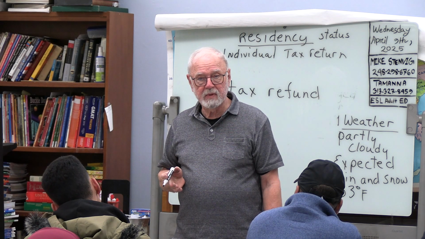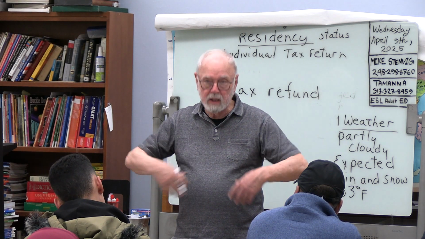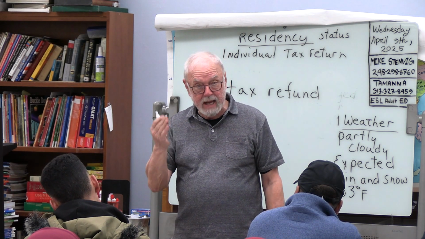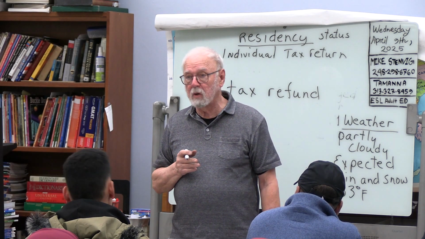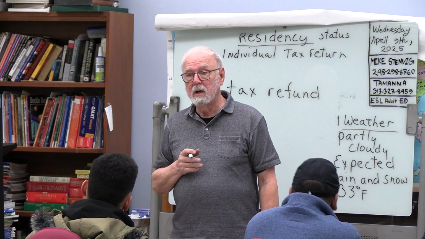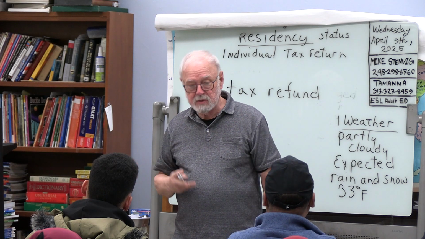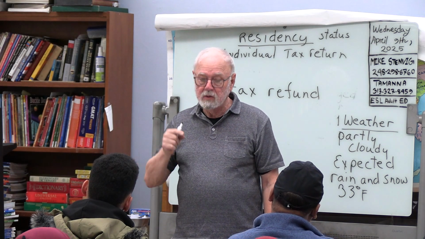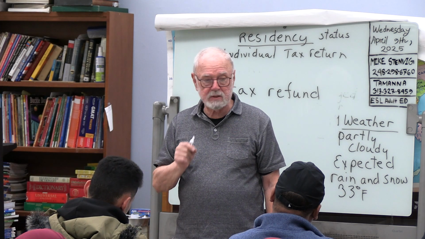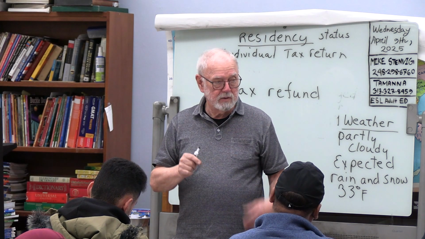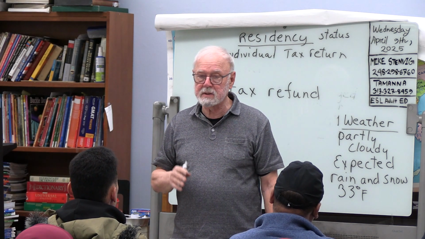The people who are looking at people to see if they have a status to be here, they want to look at federal returns. And they're taking data. So it's very important to be very accurate with income tax forms so that it's true and honest.